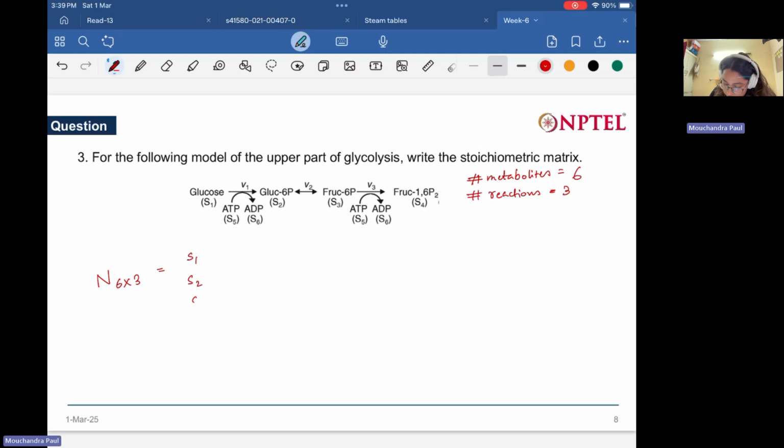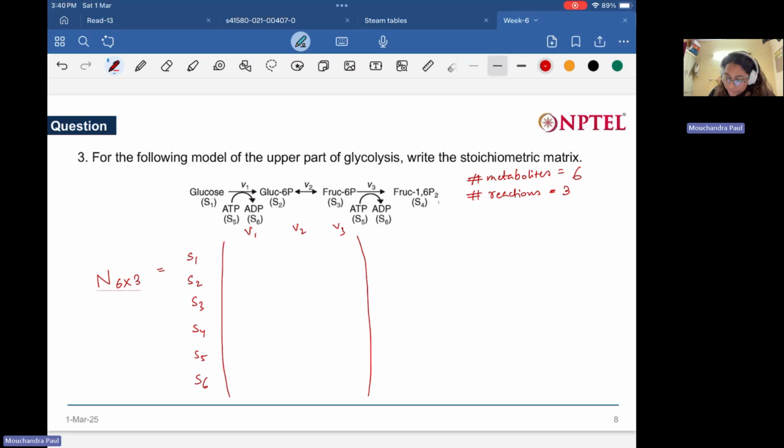S1, S2, S3, S4, S5, S6. There is V1, V2, and V3. So you will get a tall matrix like this.